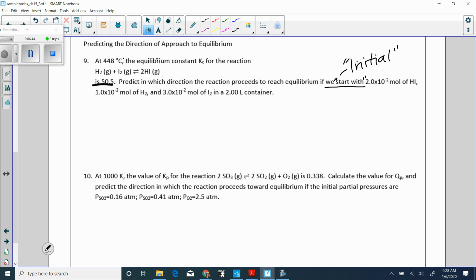But look, it's in a 2-liter container. This is sneaky tricky. Remember, molarity equals moles divided by liters. And now we're in a 2-liter container, so we need to make sure we divide everything by 2.